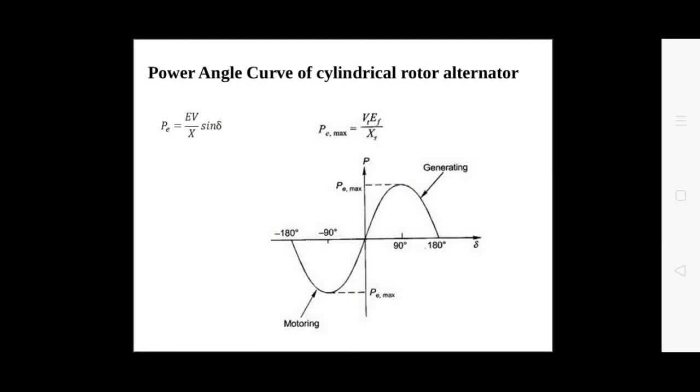So in the case of a cylindrical rotor, the output power equation is EV by X into sin delta. Therefore, while plotting, we will get the power angle curve for a cylindrical rotor as shown. Here, it is noticed that the maximum output power for a cylindrical alternator occurs at delta equal to 90 degrees.